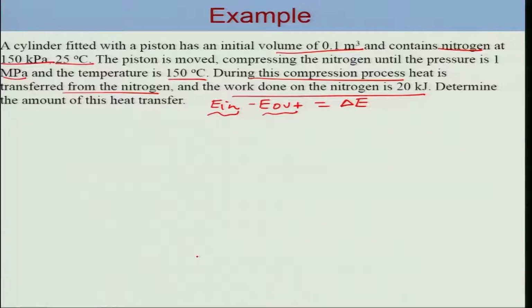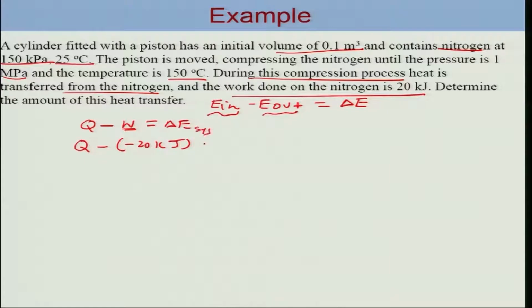Or the other way, we can make use of a standard sign convention where you say that Q minus W is your delta E, and in this case the work is done on the system. So essentially Q minus 20 kilojoules, because this definition is Q which is supplied to the system minus work which is done by the system on the surrounding, should be equal to change in the energy of the system.